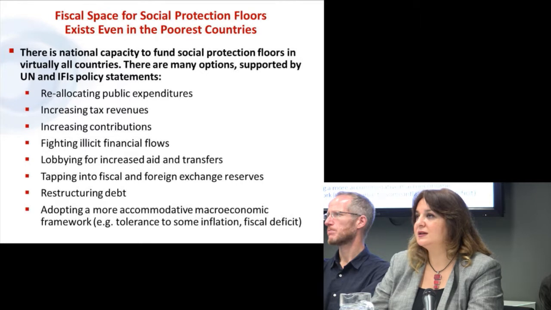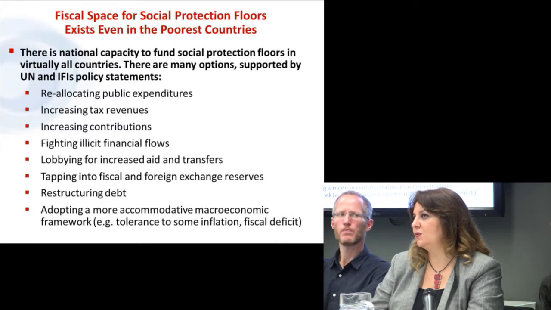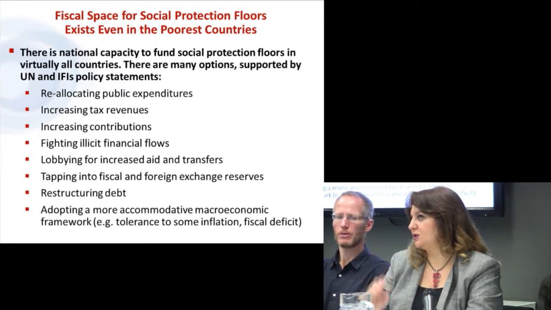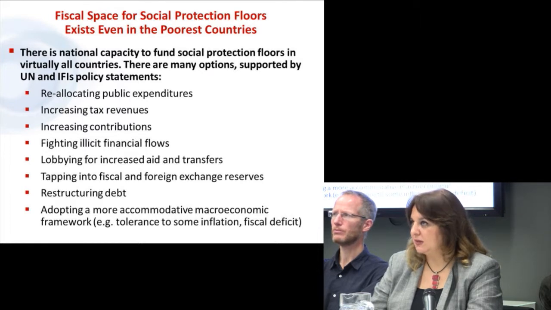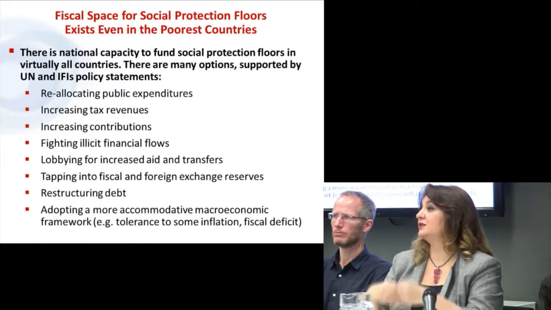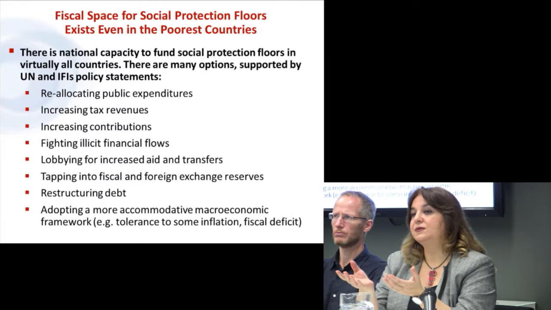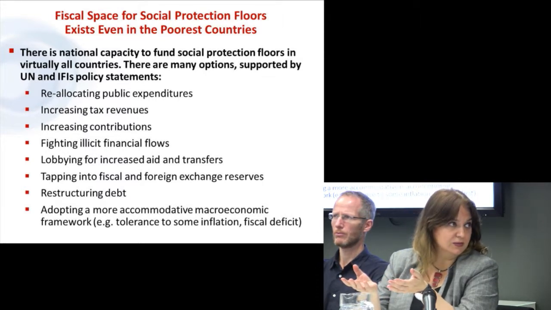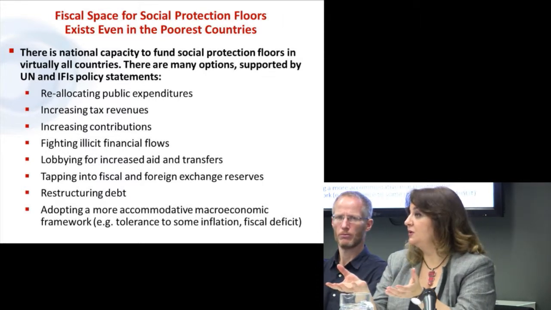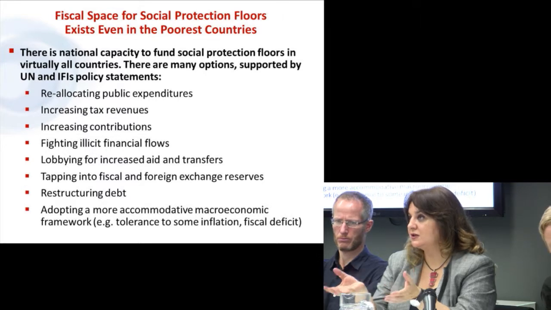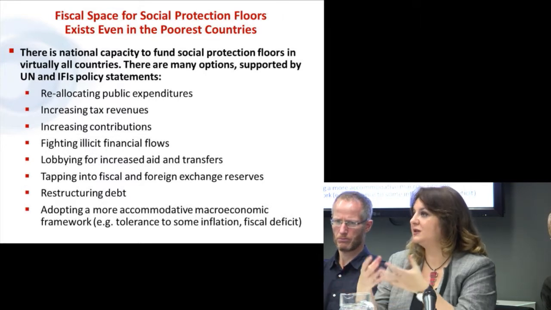The reality is that even the poorest countries will have one of these 7 options, which are reallocating public expenditures, for instance, the subsidies. And we know fuel subsidies are being removed in a number of countries, so this is a great opportunity to build social protection systems, not just small cash transfers, but systems.